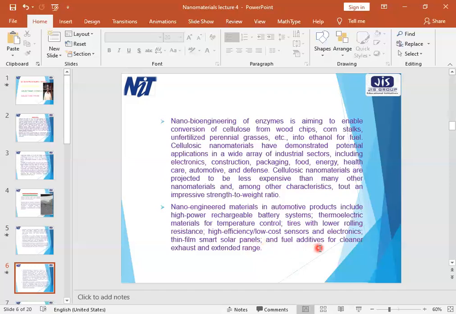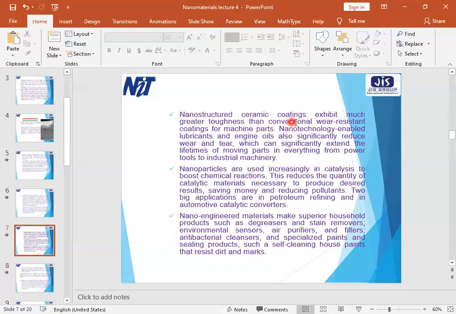But if we use low cost sensors of electronics made with nanomaterials, then smart solar panels will be developed whose efficiency will be very much higher than 20%. This is a very, very good thing, and this is under experimentation.